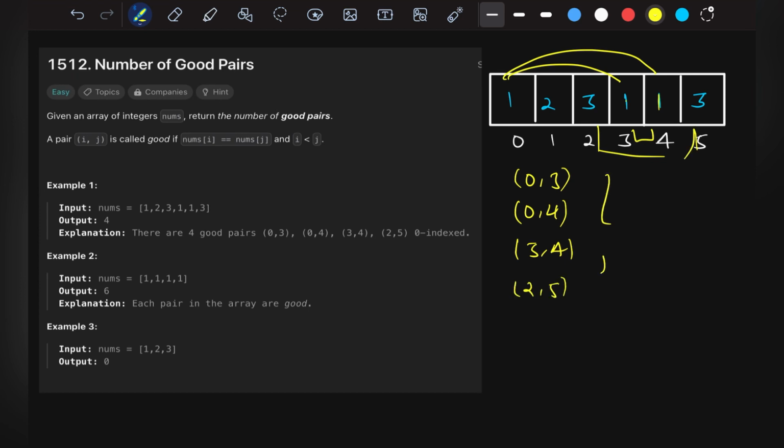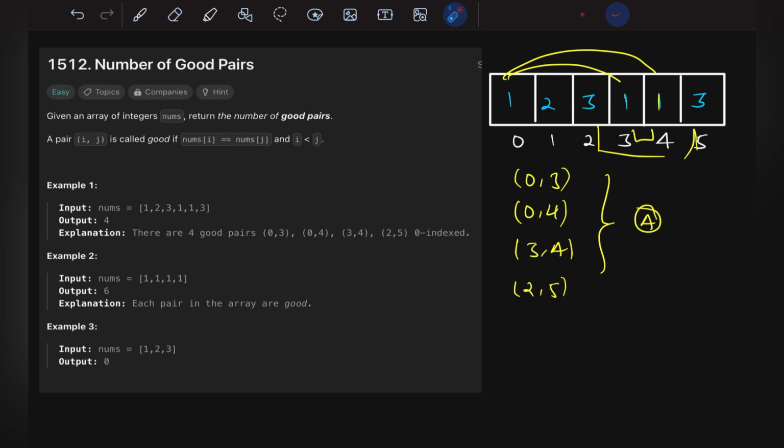So what is the total number of pairs possible? There are a total of 4 pairs possible. The most interesting point to note is that j should be greater than i, and as you can see 3 is greater than 0, 4 is greater than 0, 4 is greater than 3, and 5 is greater than 2. So this is the meaning of the question.